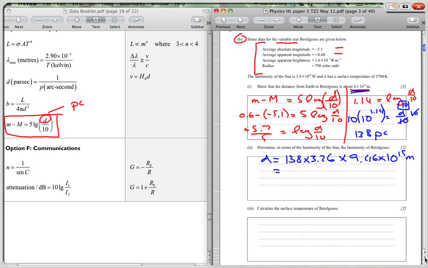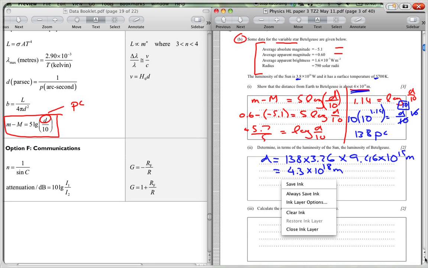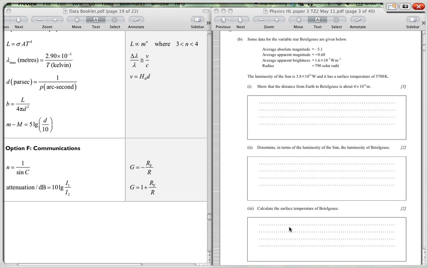We multiply that out, and we get about 4.3 times 10 to the 18 meters. Okay. I've left it as 4.3 because we seem to be given quite a lot of information in two significant figures.